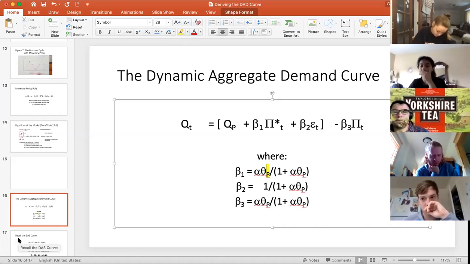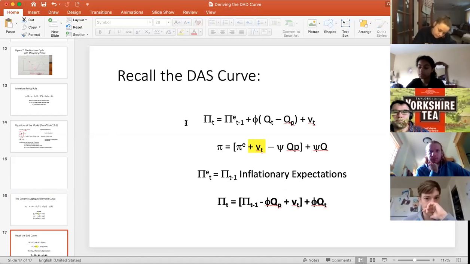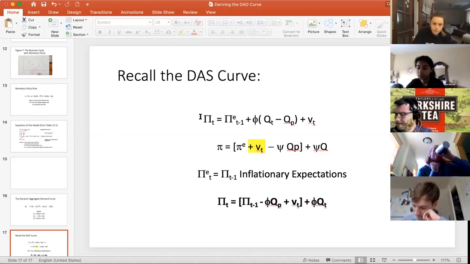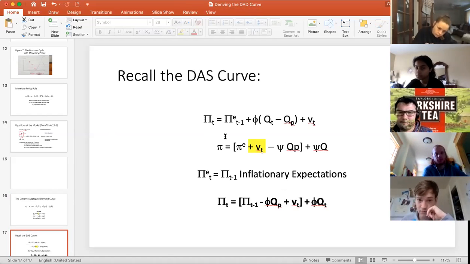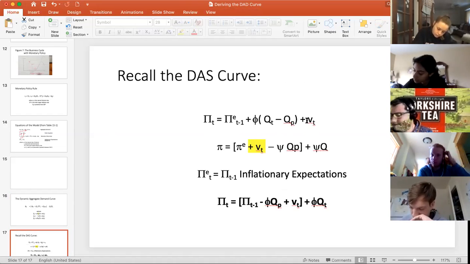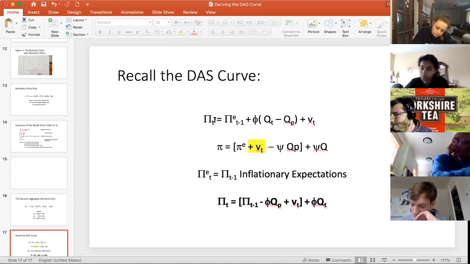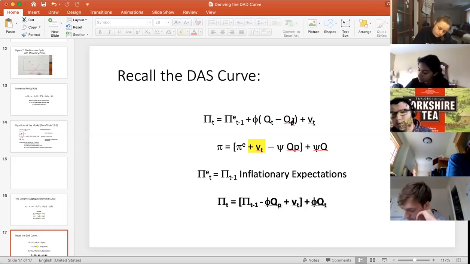The one equation that we haven't talked about in a week is what Mankiw calls the Phillips curve equation. It's really the dynamic aggregate supply curve. This is written down twice here. You can use either one that you want. This is literally the dynamic aggregate supply curve. And what it says is the inflation rate is the expected rate of inflation plus a fraction of the output gap plus a supply shock if there is one.